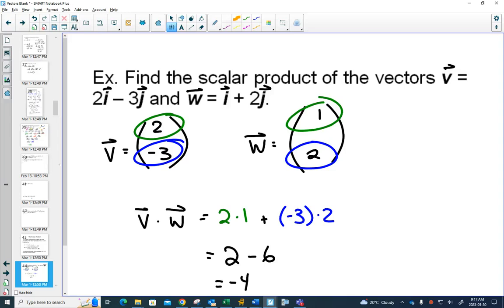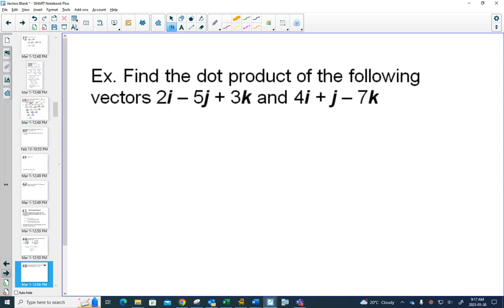No problem. So I do find that writing these as column vectors makes your life easier.